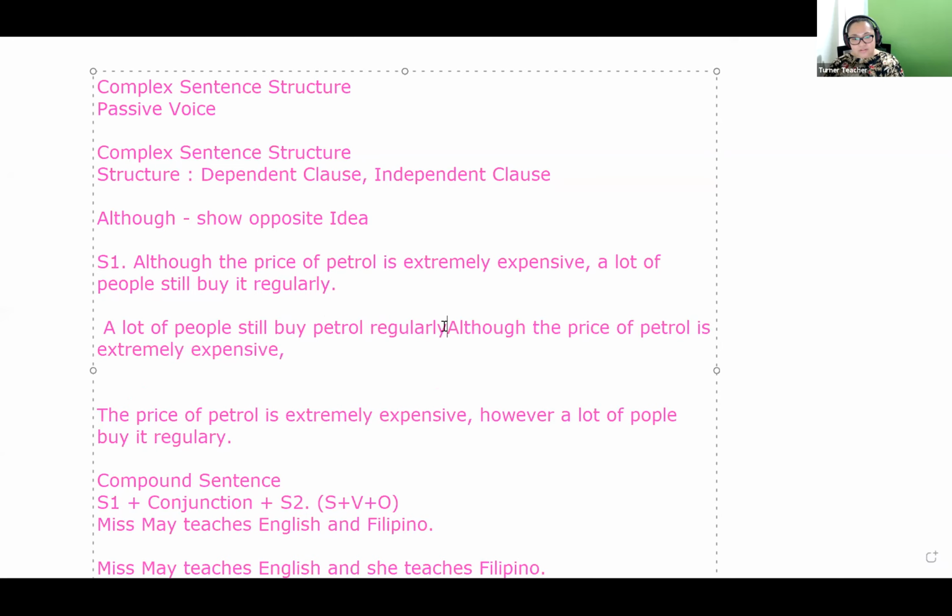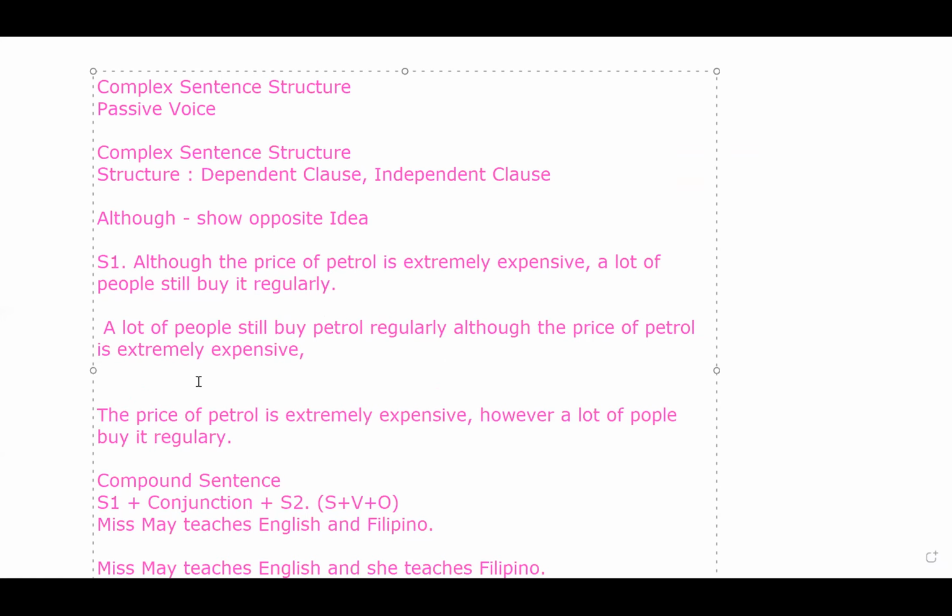That is correct, because one is still dependent and one is still independent. Although the price of petrol is expensive. A lot of people still buy petrol regularly, although its price is expensive.